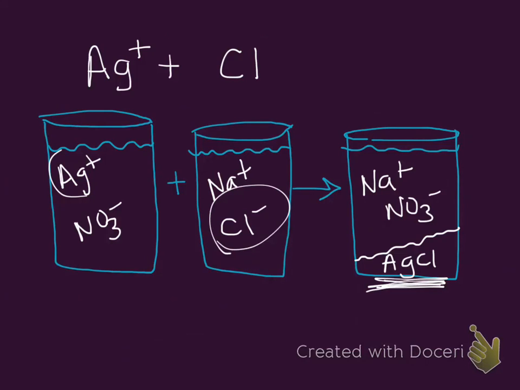Otherwise, you're just mixing two solutions together. Chloride would be the component from this one, and then we've got our AgCl precipitate. Okay, so this would be my reaction.